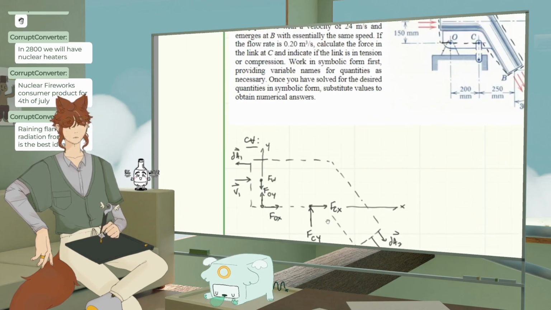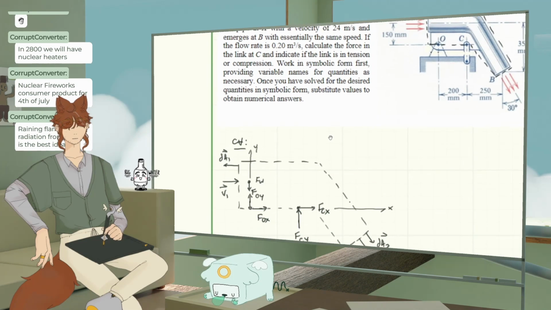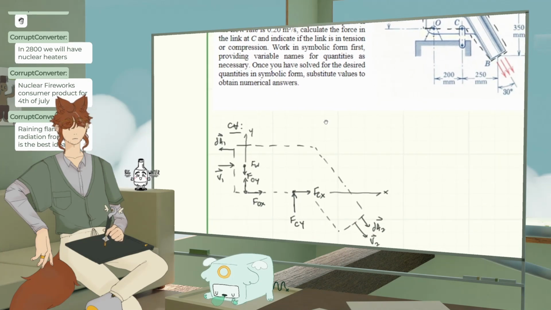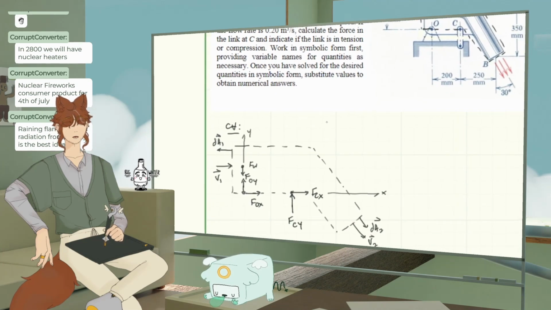But I guess if it just wants the force in the link... I mean, FOX is gonna equal FCX. Oh no, we're changing linear momentum, never mind. There'll definitely be some reaction force there. So maybe I do need a little linear momentum equation.